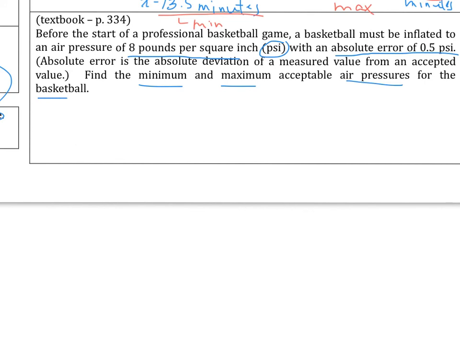So here we have the given air pressure of 8 psi. So we can set our formula up. Absolute error, which is also the absolute deviation, is equal to 0.5. We're going to set that equal to the absolute value of x minus 8. And once you find out what your x values are, one of them will be the minimum and the other one will be the maximum air pressure.